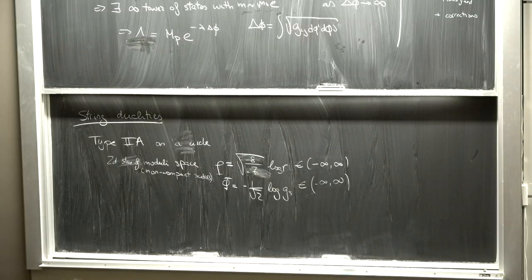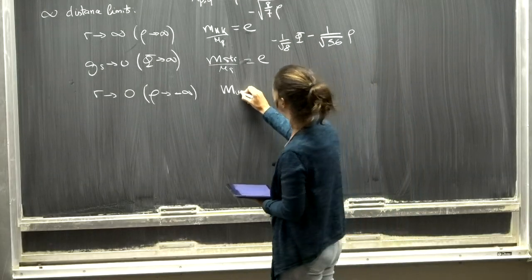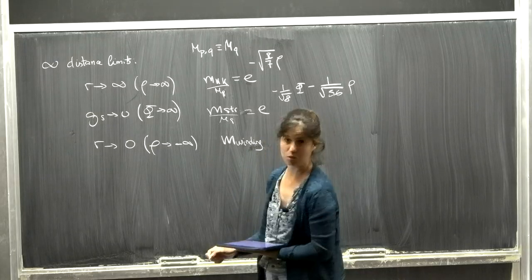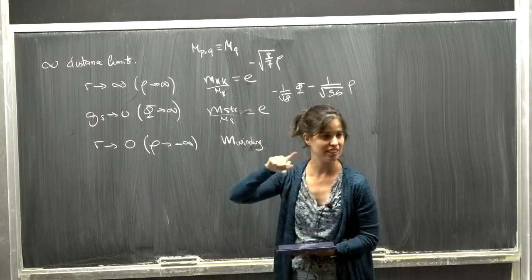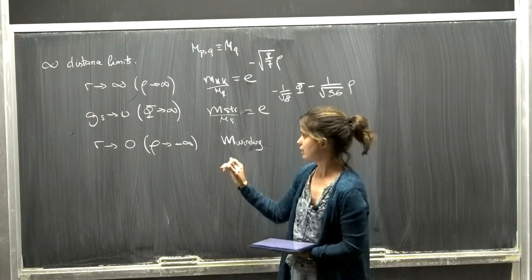And then, according to this, we should also have a tower of states becoming light. And now it's not the Kaluza-Klein tower, right? So what is it, indeed? What's the tower now? A winding. If you study string theory, one of the things you learn when you compactify is that you can have strings wrapping the circle, and the tension, right?